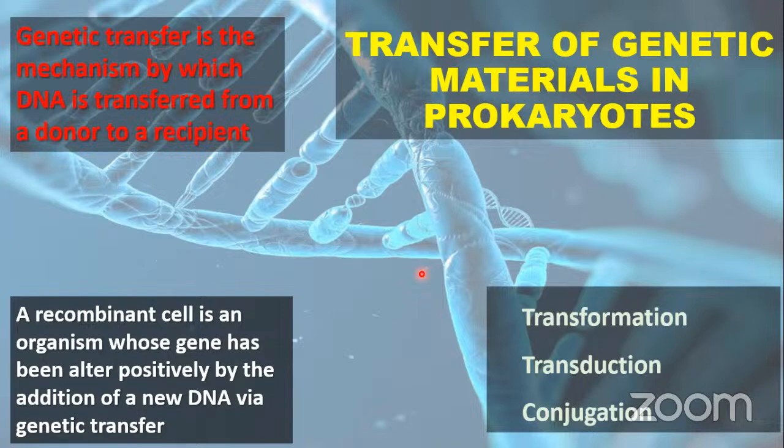The last one is conjugation. Conjugation is well known. It is the most common form of genetic transfer in microorganisms. And how does this happen? Conjugation occurs between a donor, which is alive, and a recipient, which is also alive.